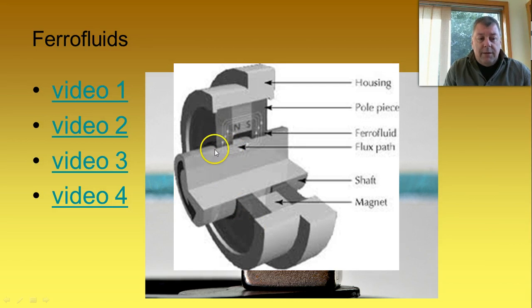By having a magnet attached or around the shaft, the ferrofluid doesn't go anywhere else but stays near the magnet, and can then lubricate and seal the shaft, because sealing shafts is quite a technical thing, especially if there's pressure and stuff on the other side.